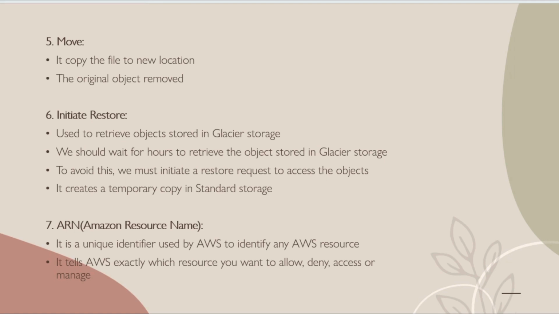It can represent the bucket or the object, and every object and bucket has a unique ARN. Basically it helps us to know exactly which resources we are using. For that purpose the ARN is used.